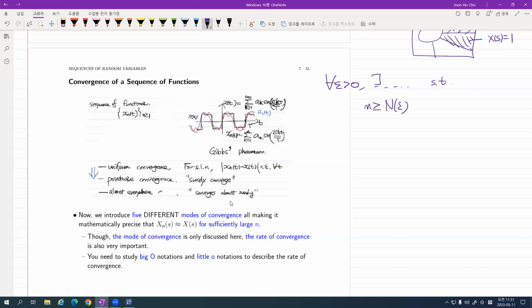So probably here goes: there exists n of epsilon in the set of natural numbers such that n greater than or equal to n of epsilon implies something. So this part may define our first definition of the convergence of a sequence of functions.